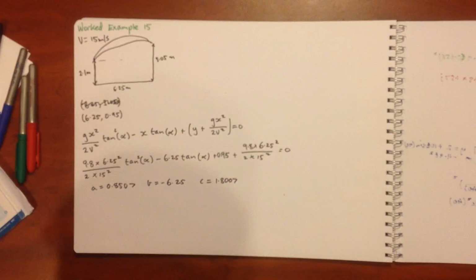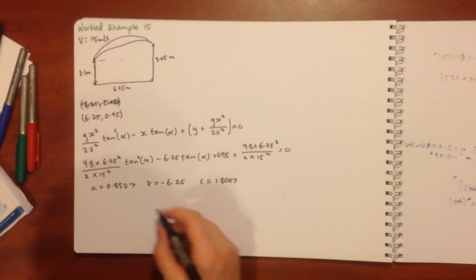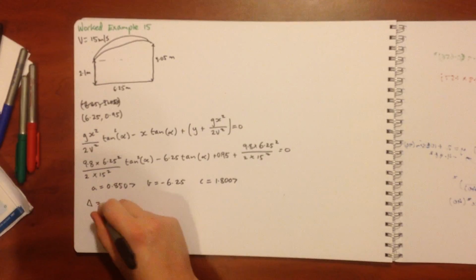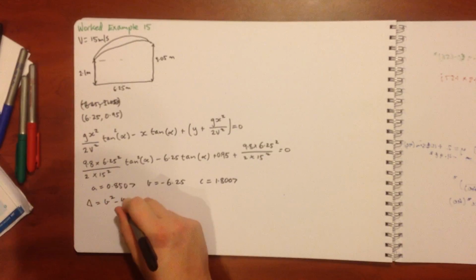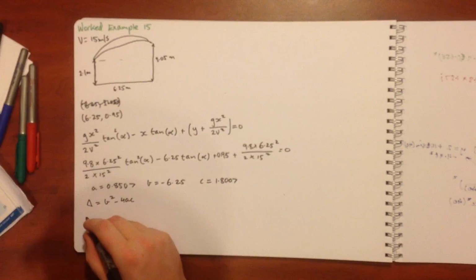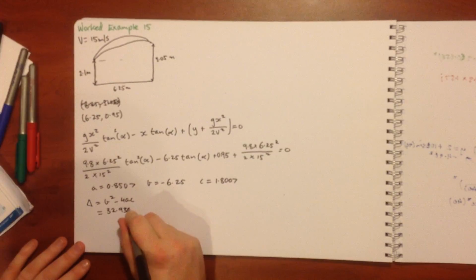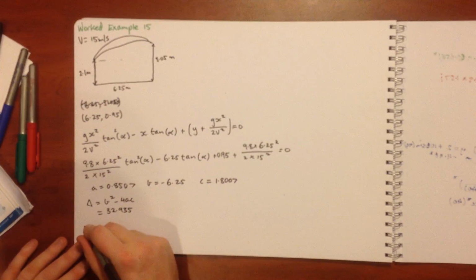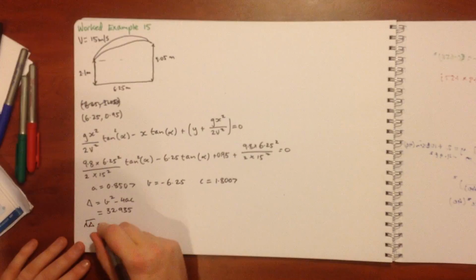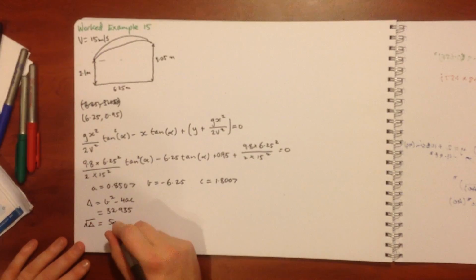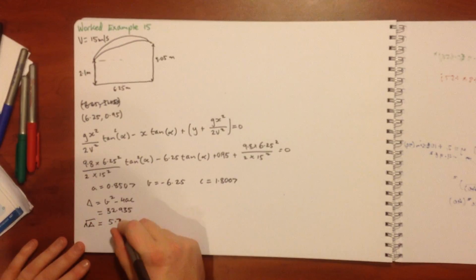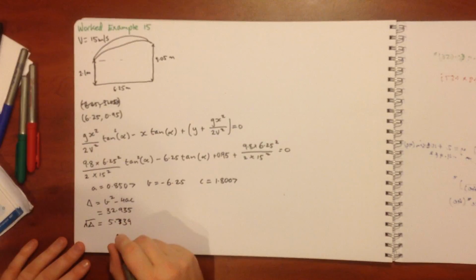So looking at the discriminant, remember our discriminant is equal to b squared minus 4ac, which gives us a value of 32.935, and the square root of our discriminant will be 5.739.